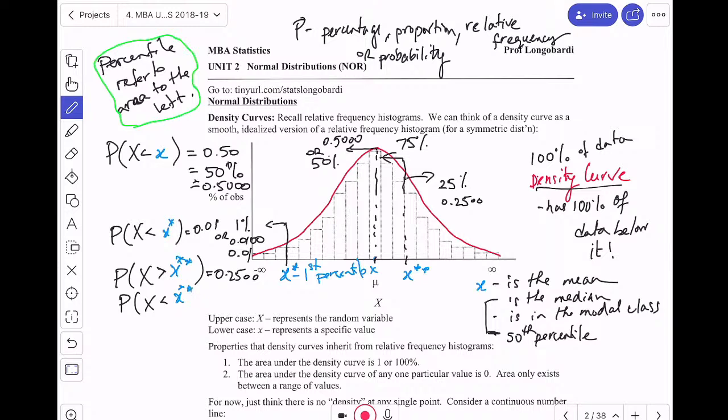The area to the left of it is 75, or the third quartile. Or let me just write it because there's not too much room. I'll say Q3.